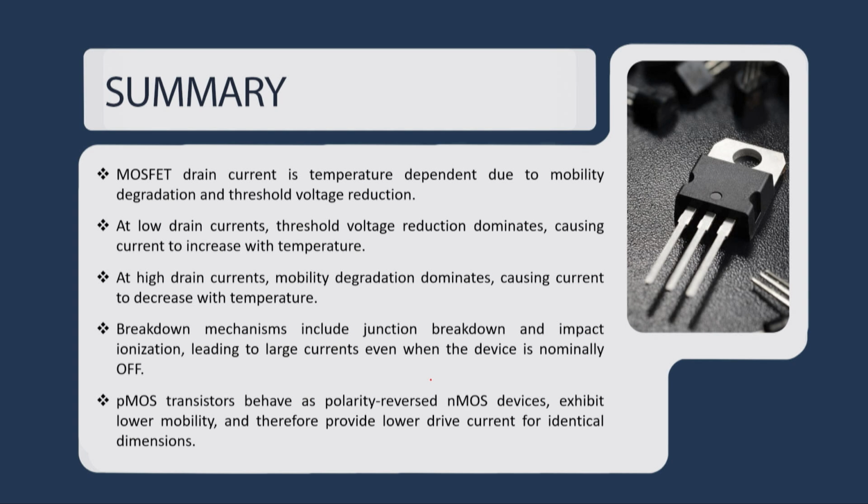In this lecture we have seen the extrinsic effects. In addition to the intrinsic MOS transistor, which we discussed by a dotted line, there are some additional extrinsic parts, or you can say parasitics, which limit the overall performance.